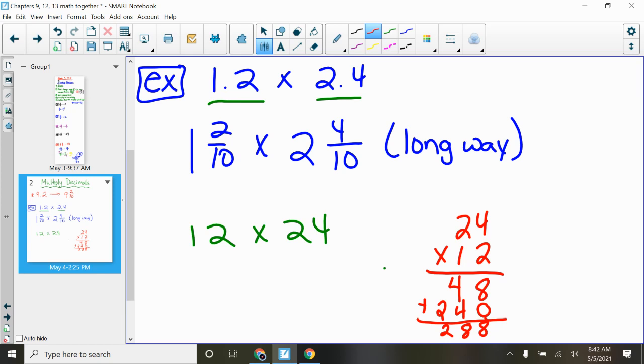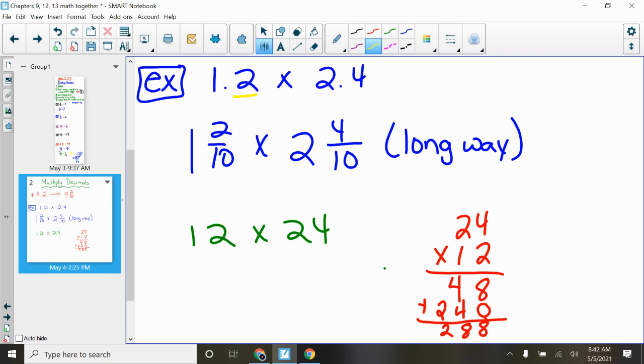So when I look back at this problem and at where the decimal is sitting, I have to figure out how many digits are behind the decimal point. Well, in 1.2, how many digits do you see sitting after the decimal? Carson? Just one. The 2 is the only thing sitting behind the decimal, right?